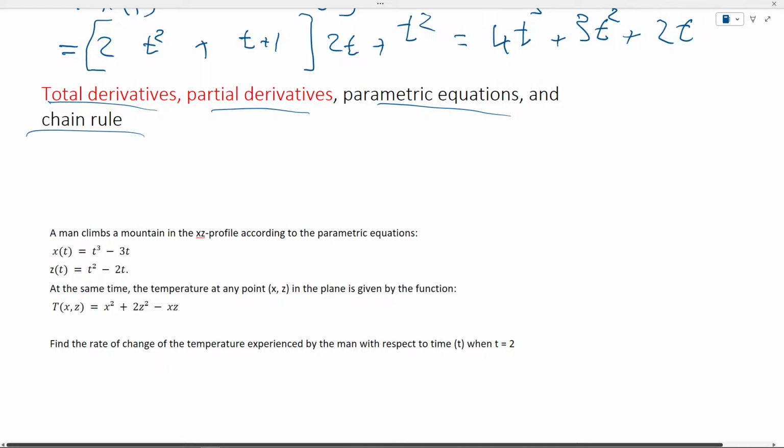I just want to combine all these concepts together. I came up with an example where I could combine all these concepts for you so that you can visualize these concepts.